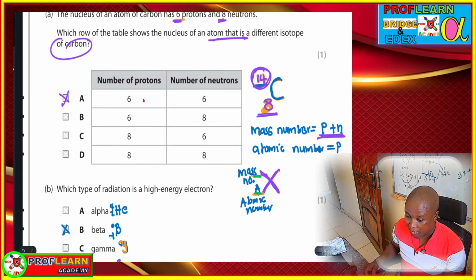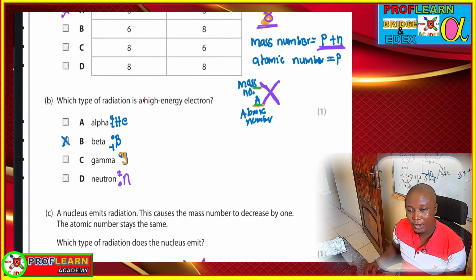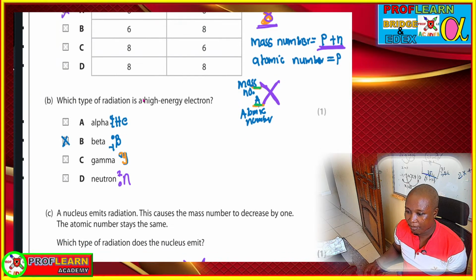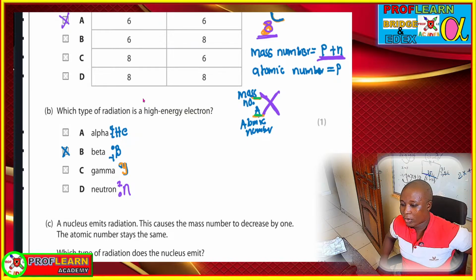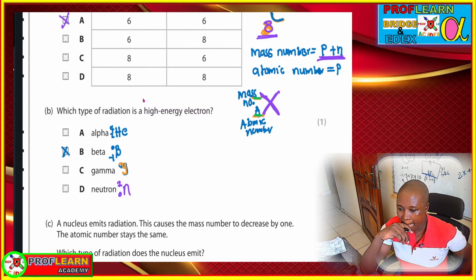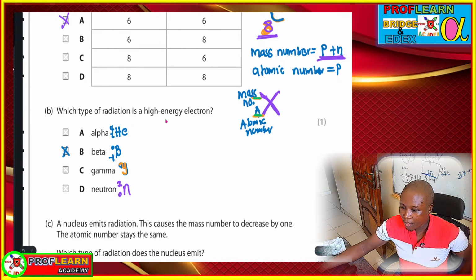There are 3 types of radiation that can be given by radioactive isotopes, and those radiations include alpha, beta, and gamma. So if you are asked about high energy electrons, those are beta. Those are fast moving electrons.